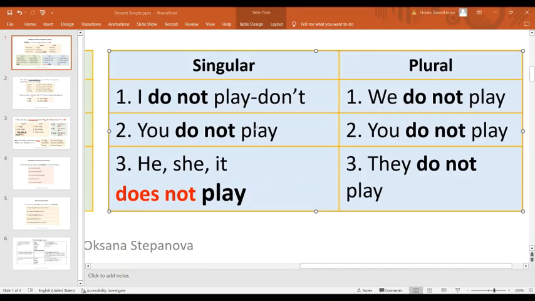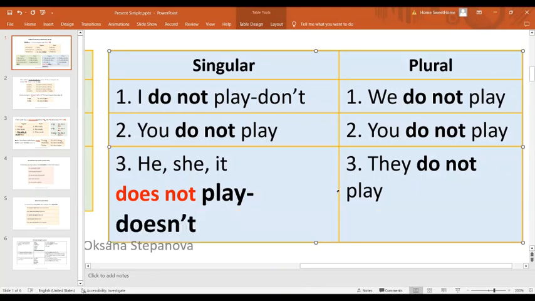I clear this and I put here the short form, doesn't. The short form is doesn't. You see that oes remains, and we add to the verb n, like not, we just shorten o here. It becomes one word. We say doesn't.